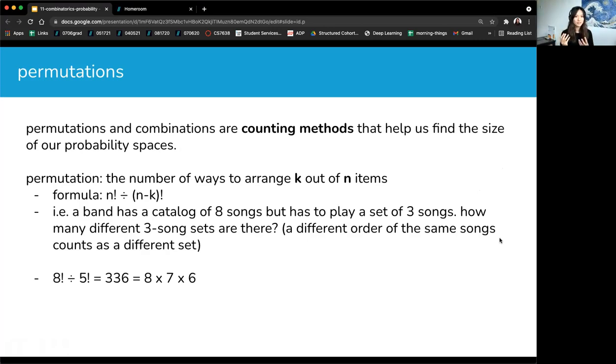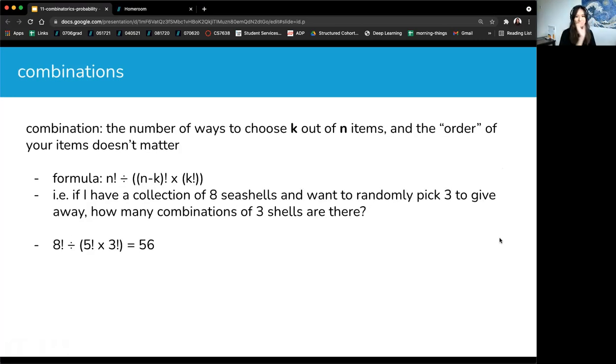So intuitively, if we're counting this way, your number should be smaller than if you're counting the other way, because in this way, any combination of 3 that are the same, like ABC, no matter what order they are in, counts as the same. I hope that made sense. We're just picking 3 seashells, and the order doesn't matter.